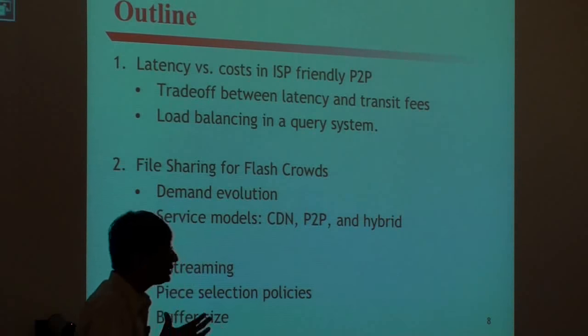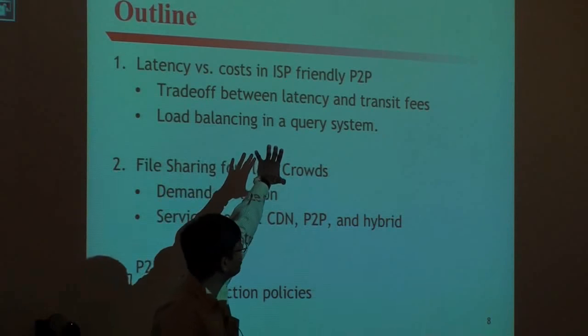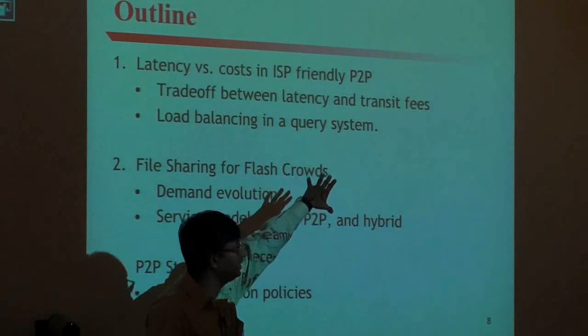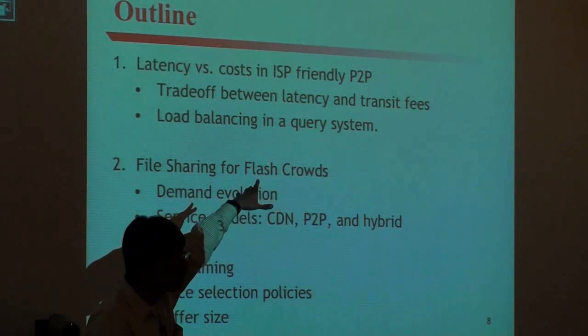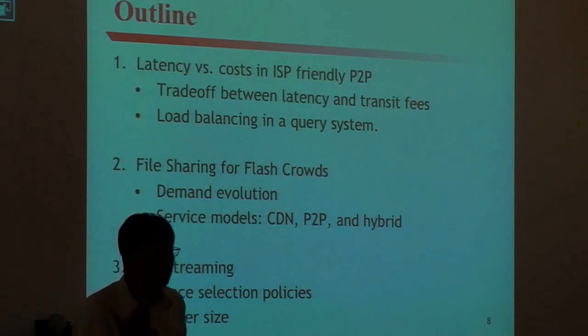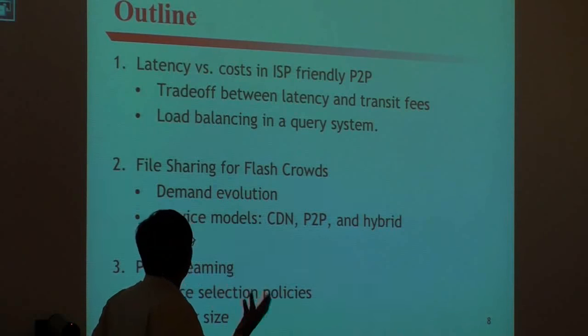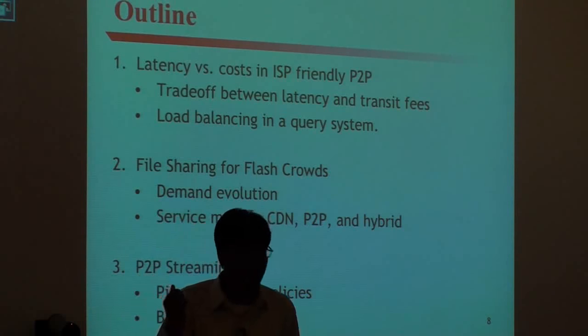The idea here is that I can service my query at multiple locations. There is latency at multiple locations, and there's a cost to get there. This might be a transit fee, it might be round trip time, it might be a bandwidth cost. So the question is, how am I going to do load balancing in such a system in a very simple, fast, and distributed manner? I need to do this in a parallel fashion.